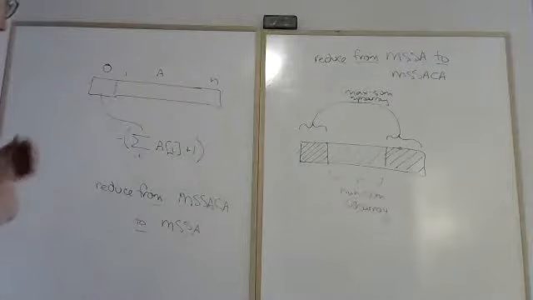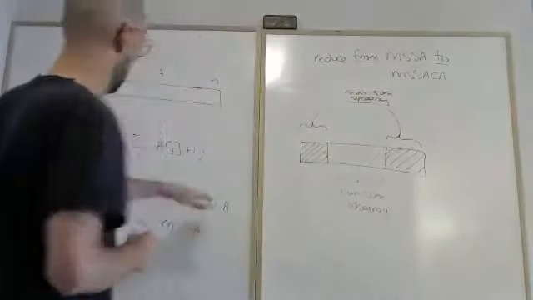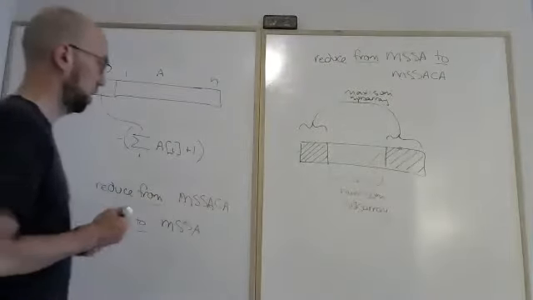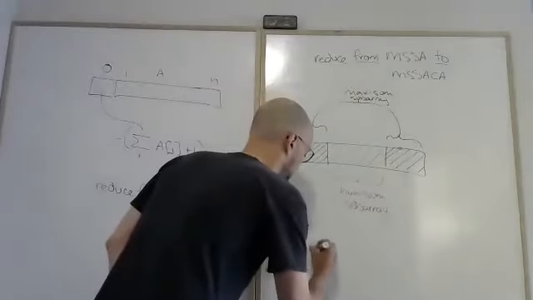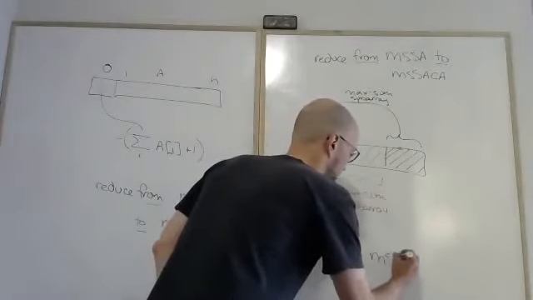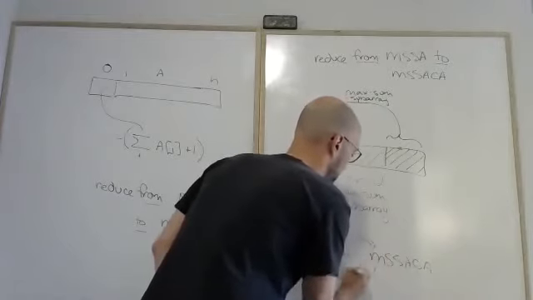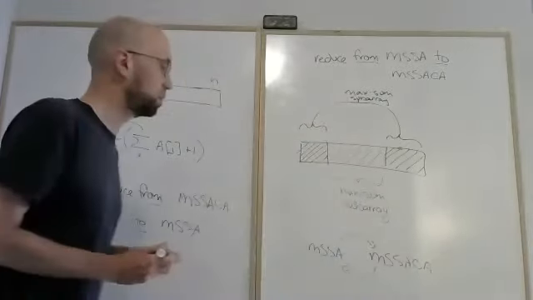So that means I can reduce from this one to this one, and I can reduce from this one to this one. So I have max sum subarray and max sum subarray circular array, and I can go from one to the other or back.